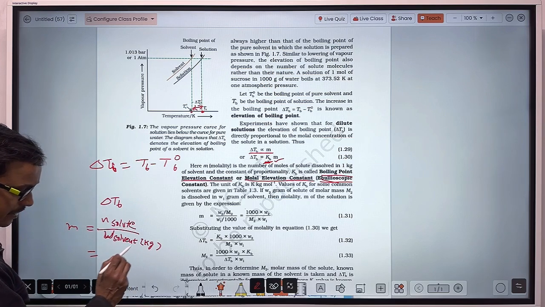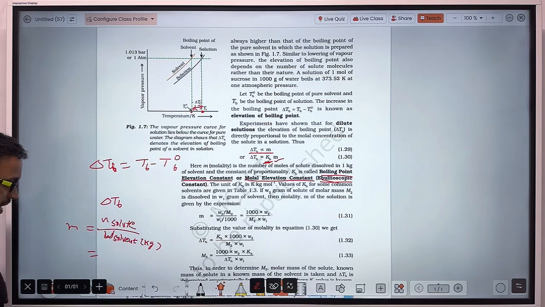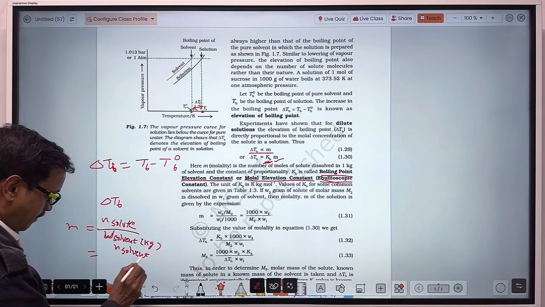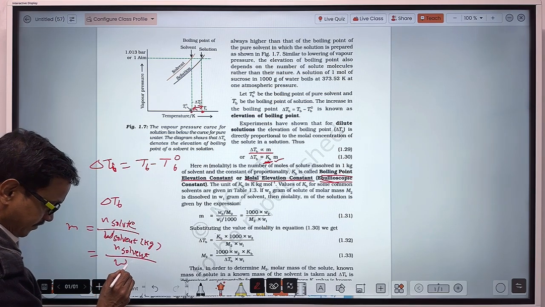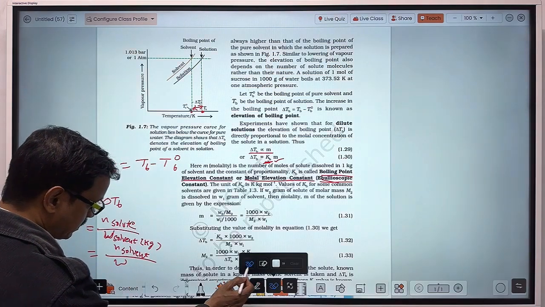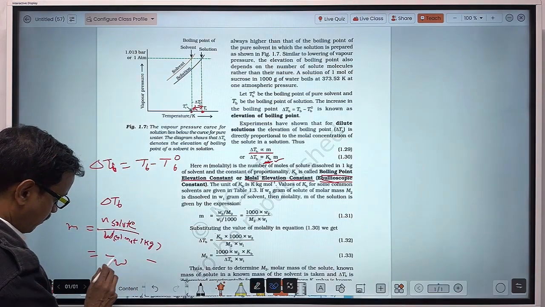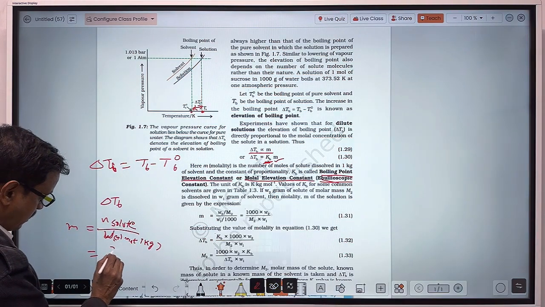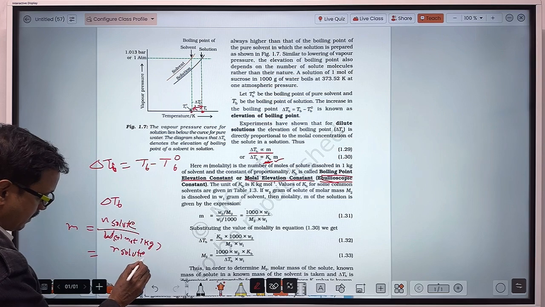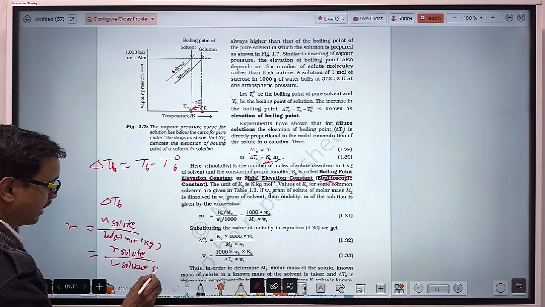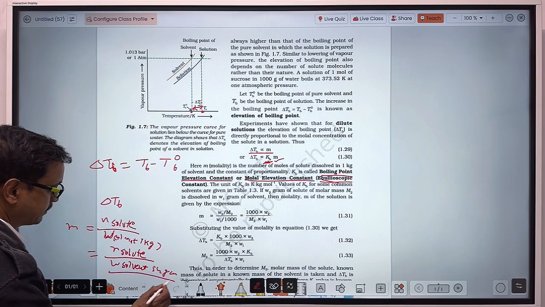If the weight of solvent is given in gram, then you will have to convert the weight of solvent in kg. So molality will be equal to number of moles of solute upon weight of solvent in gram, that upon 1000.